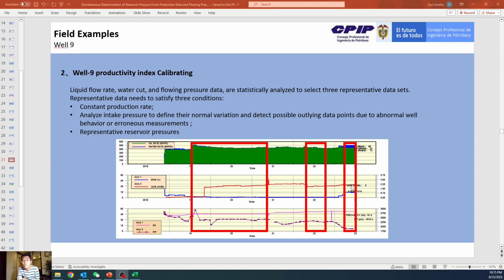Finally is the period from March 2023 to June. In this period, the BSW is around 13%. ESP frequency is at around 51 Hz.